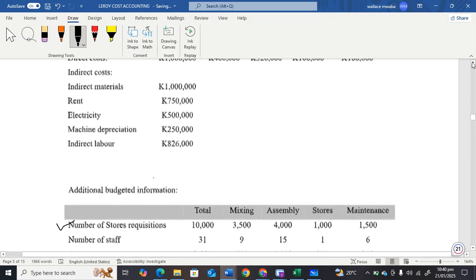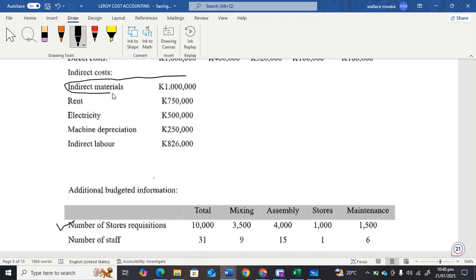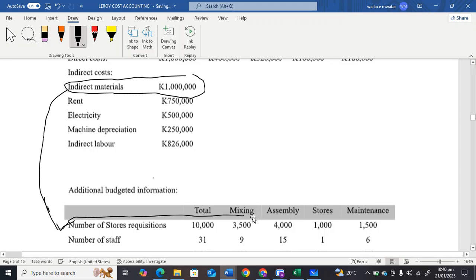Colleagues, we want to share out indirect materials to each of the four departments. So we ask which suitable base we are going to use to share it out, and we say the suitable base is the number of store requisitions. That's the base we're going to use.